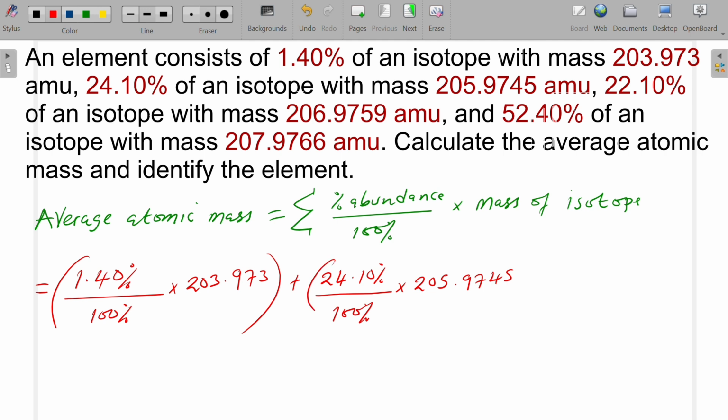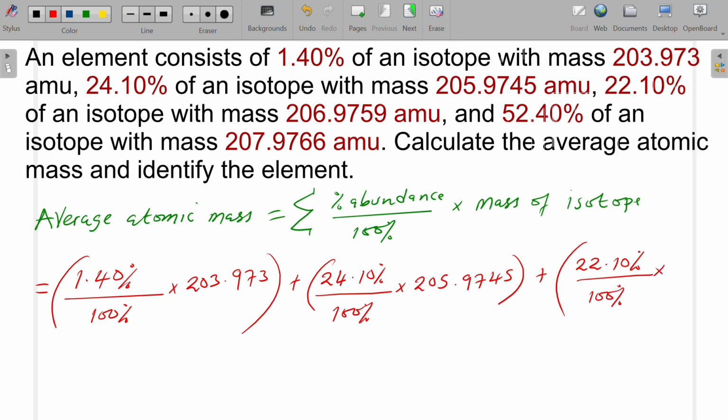This is added to another one, where the percentage is 22.10%, divided by 100%, and multiplied by its mass again.